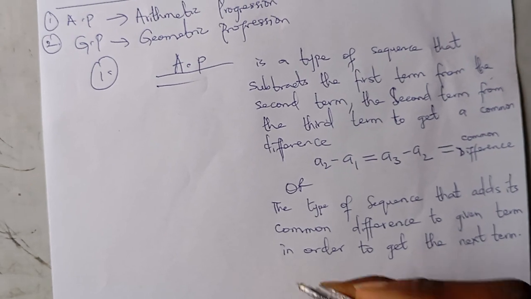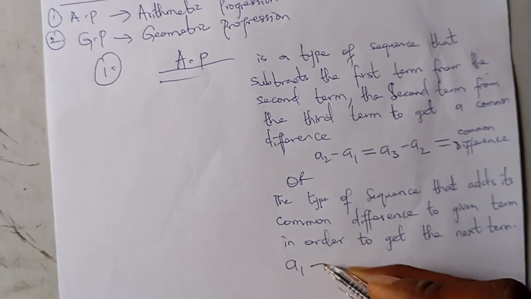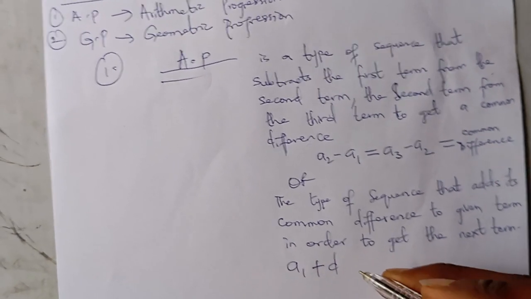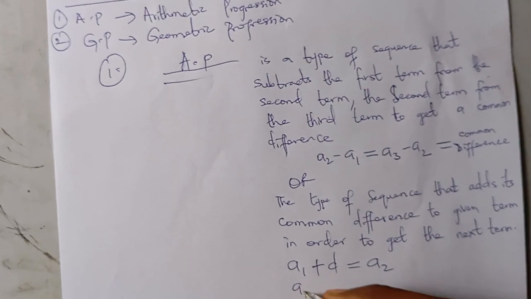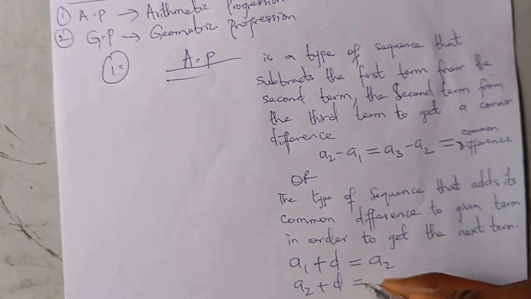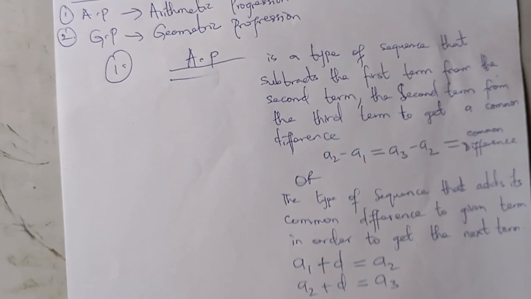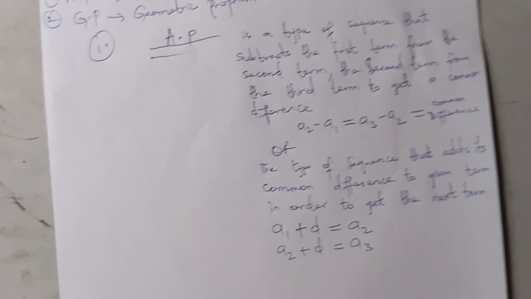So let's say the first term is A1. If I add the common difference to the first term, I should get the second term. And if I add the common difference to the second term, I should get the third term. So that is AP for you.